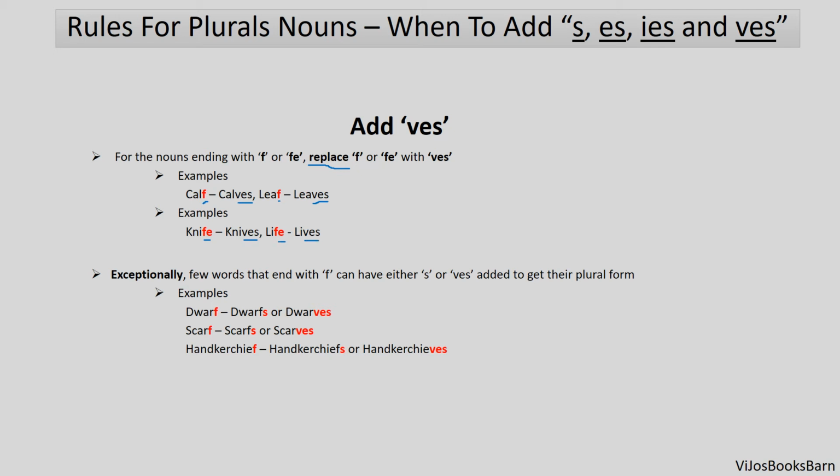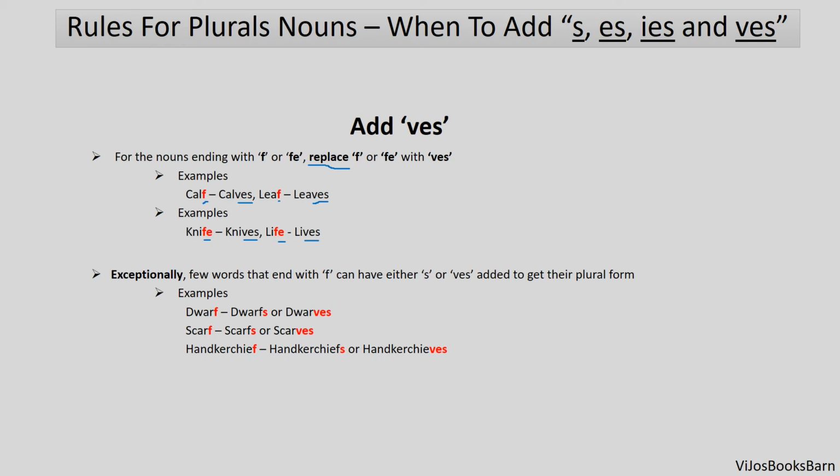So life, lives. There are some exceptions for words that end with F. When a word ends with F, it can either have S or VES. Not for all words. There are very few exceptional words which don't follow the rules we mentioned earlier.